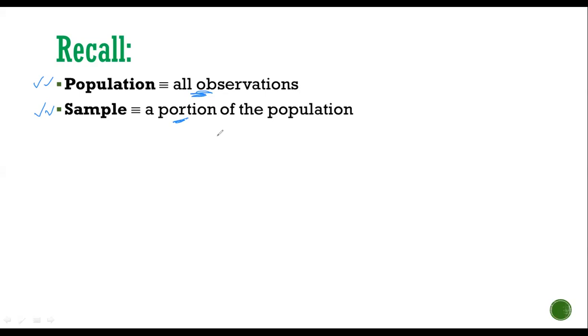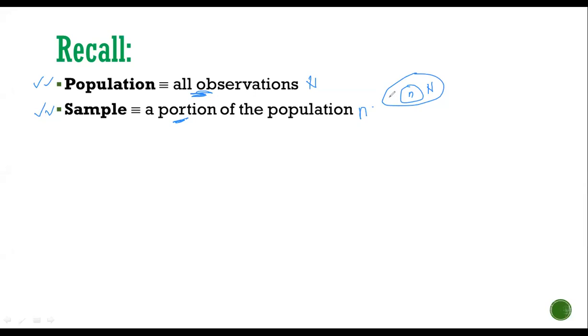Based on the previous module, we denoted your population as capital letter N, or big N, and your sample size as small letter n. To visualize, this is your population, capital N, and a portion of that would be your sample. There should be a very established difference between population and sample.